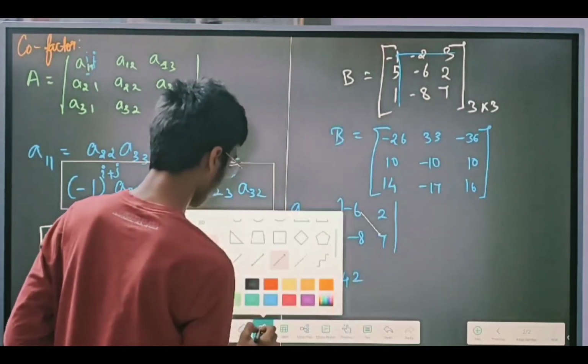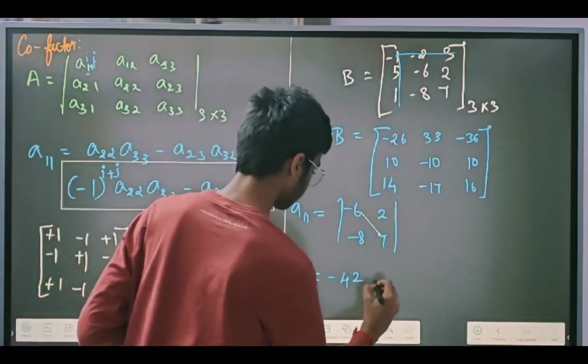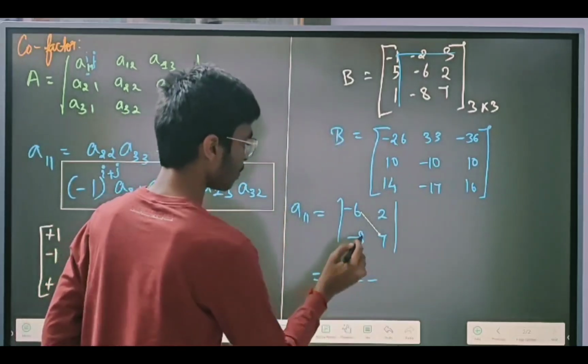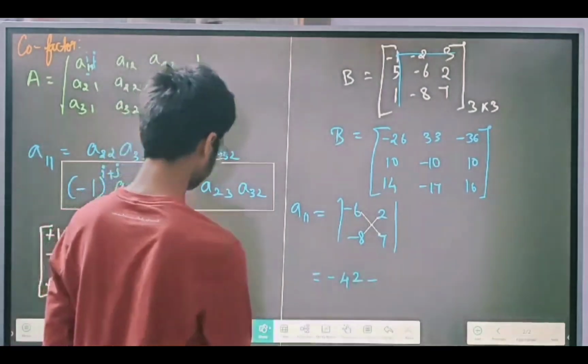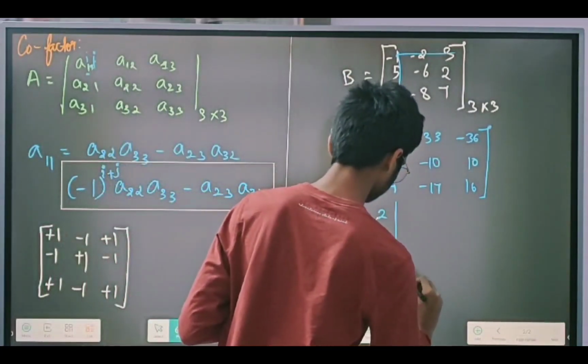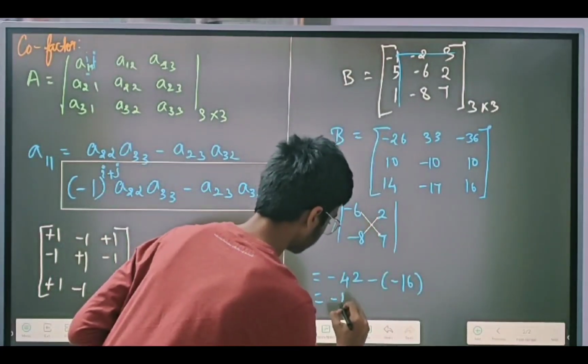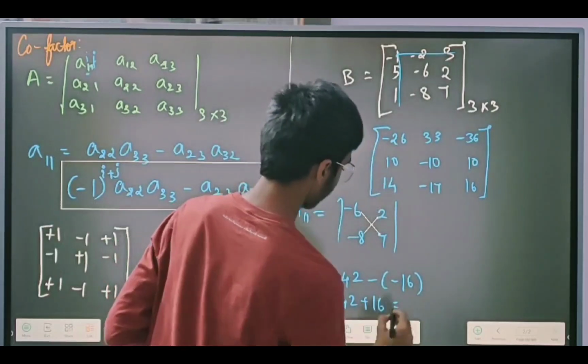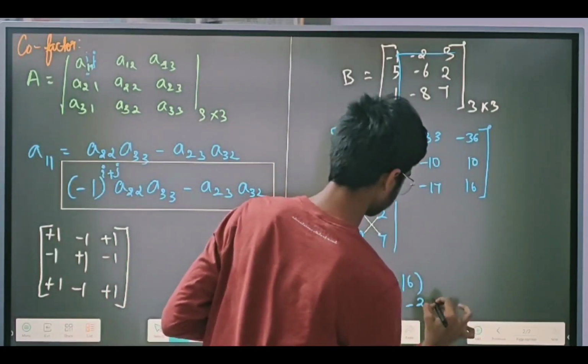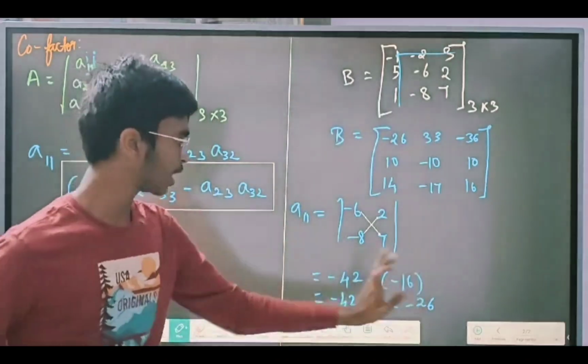Then you have to subtract the product of minus 8 and 2, which is going to be minus 16. So adding minus 42 plus 16 is equal to minus 26. Okay, so I've got this value for A11.